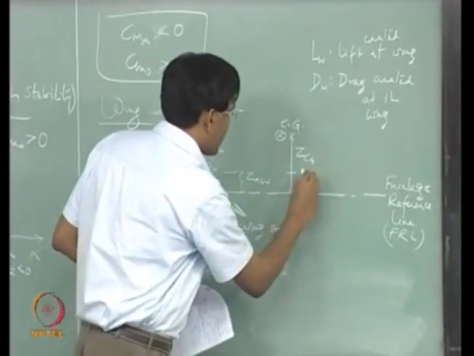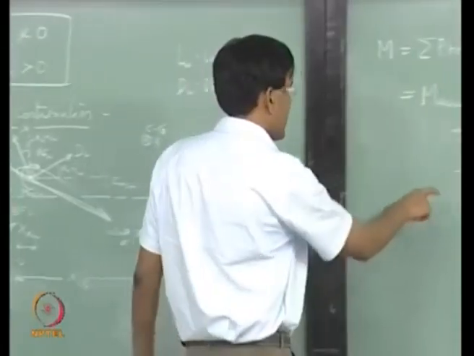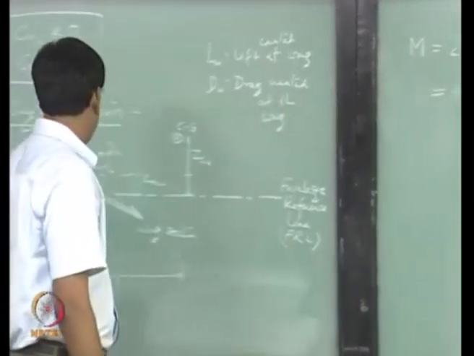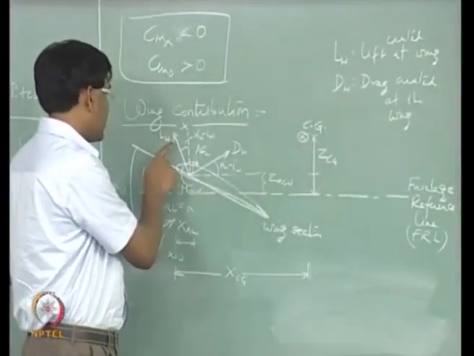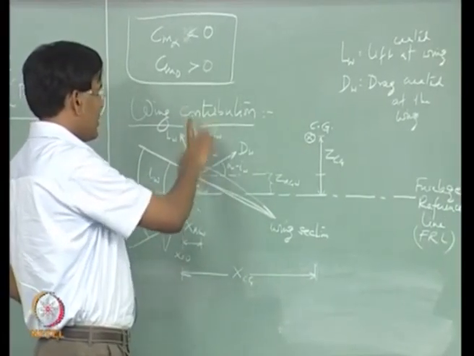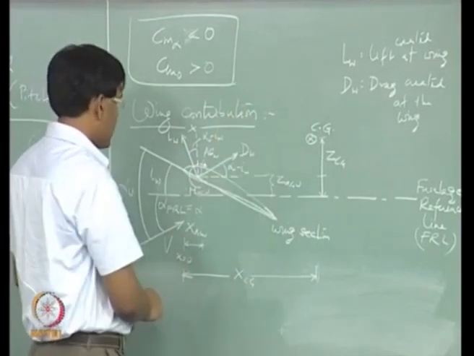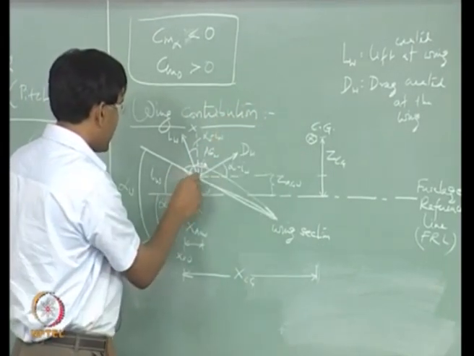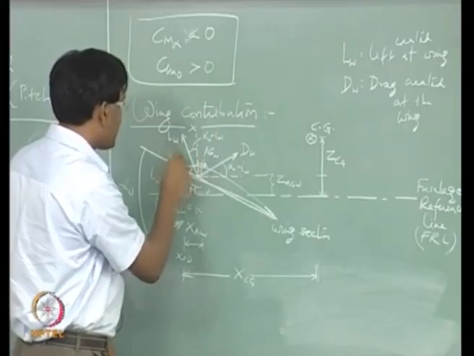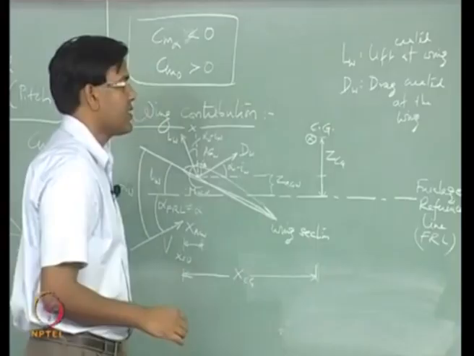Drag is acting in this direction, it is giving a pitching down moment, that is why this negative sign here. The cosine component of LW is acting in the vertically up direction and is giving a pitching up moment about the CG, and similarly this sine component of LW is also going to give a pitch up moment.